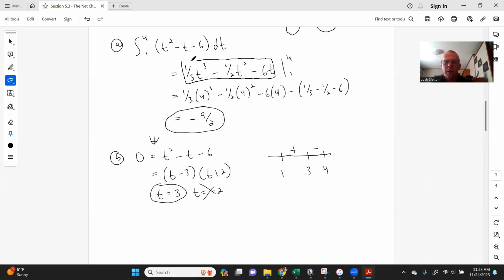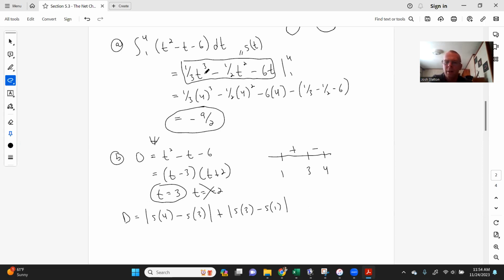This is our s of t, the position function, which is the antiderivative of the velocity. So the distance would be the absolute value, and we're just going to find how much distance we traveled in this interval, and how much we traveled in this interval. So the absolute value of s of 4 minus s of 3, plus the absolute value of s of 3 minus s of 1.